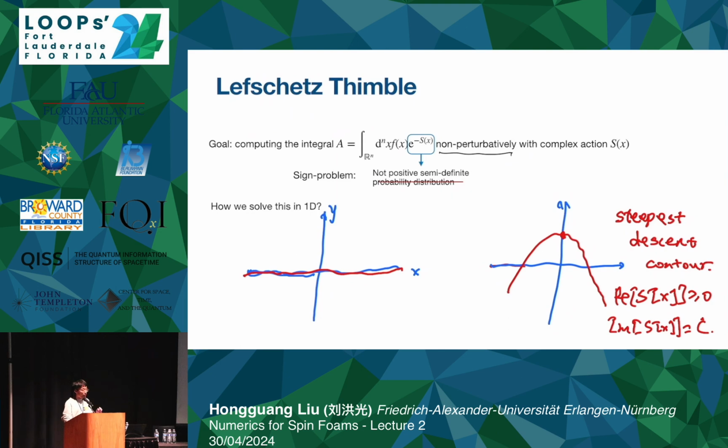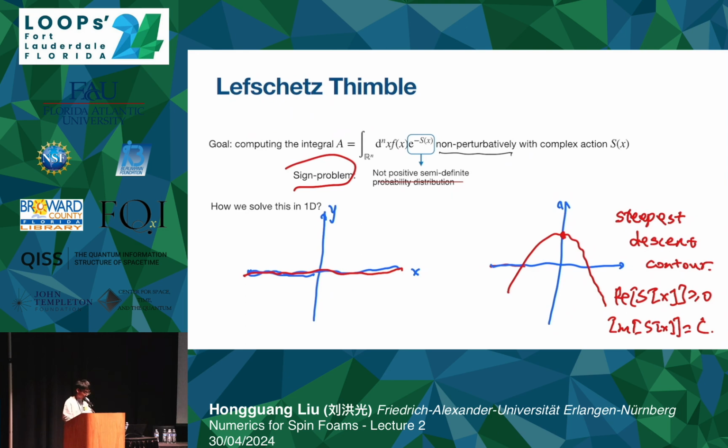So this is also the stationary phase approximation. On this contour we don't have this sign problem, which basically says that we have an oscillatory integral. Now on this contour, the integral is not oscillatory. That's why we can easily integrate it out, because when we have oscillatory integrals, it's hard to integrate them out, even numerically. So this is how we deal with this in 1D.